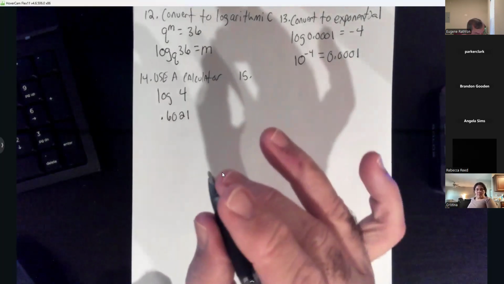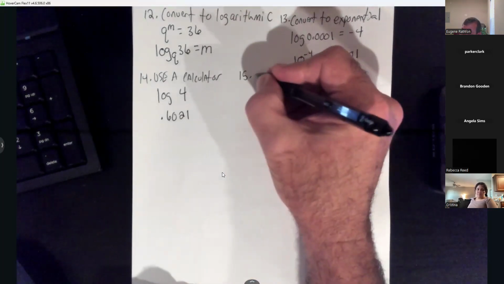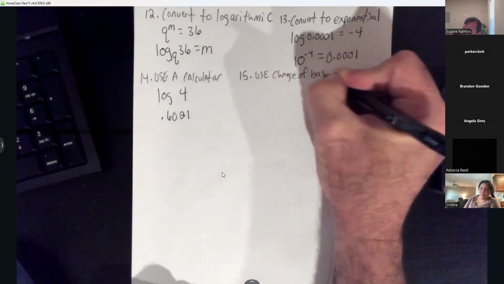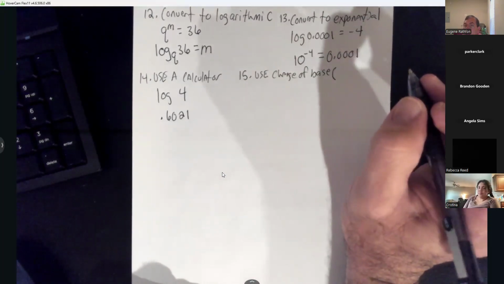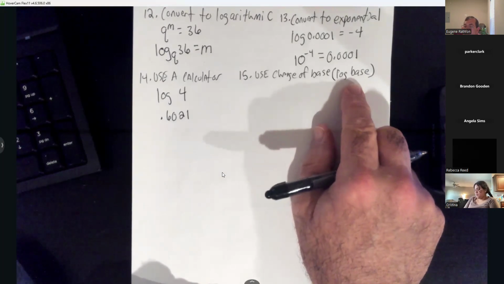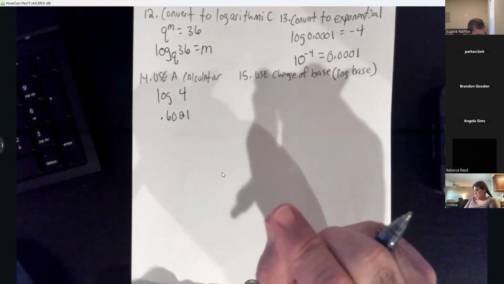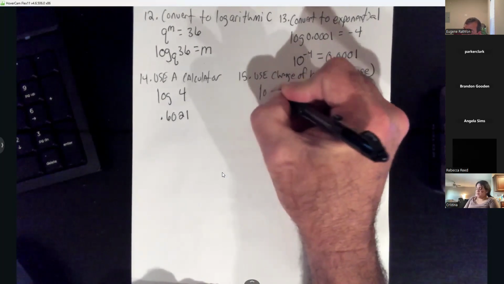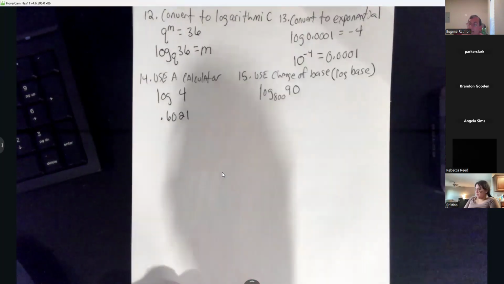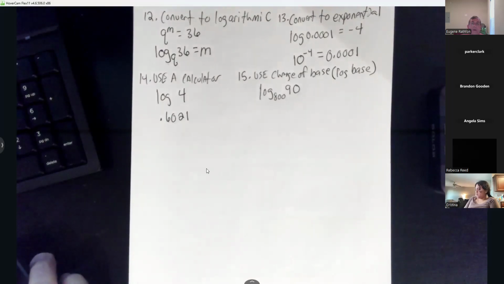So I get 0.6021. All right, now 15 says find the log using change of base. But for us, that means the log base. So you're going to hit math, arrow down to log base, and punch this one in. So this one is a log base 800 of 90. All right, y'all, so let me go to that calculator and let's punch that one in. So for that one, like I said, we physically got to go to the log base.